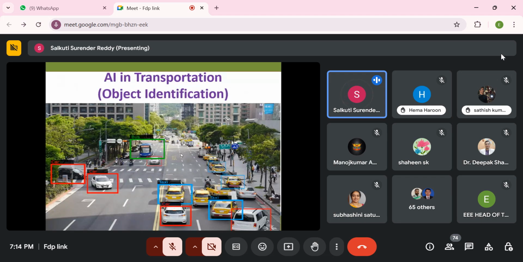One application of AI in recent years is transportation, especially object identification. Suppose you have a bus or a taxi. To identify objects, in the case of self-driving cars, we use these object identification techniques.